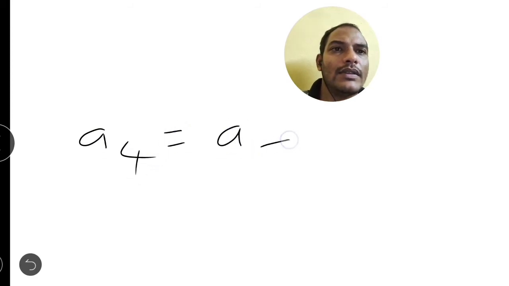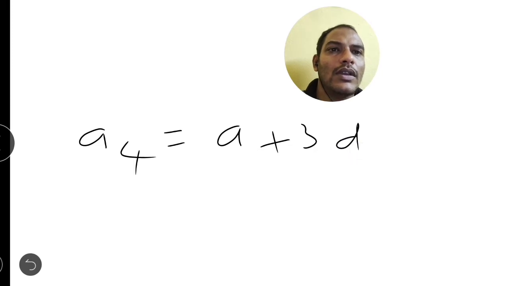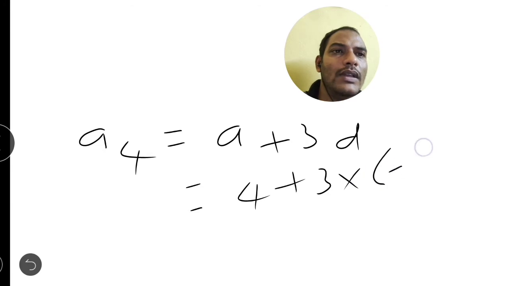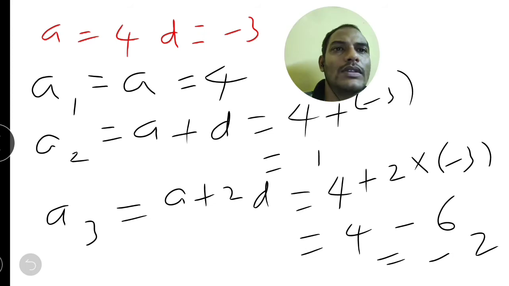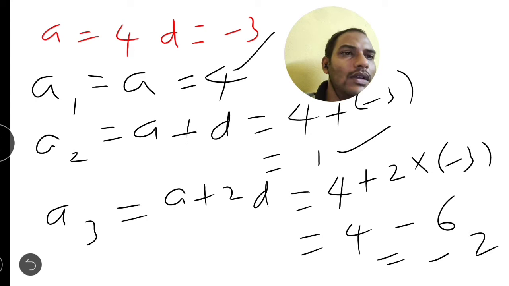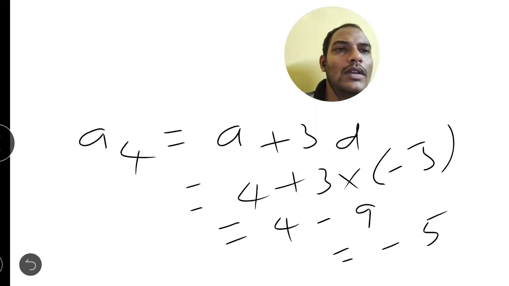So A4 is equals to A plus 3D. So A value 4 plus 3 into D value minus 3. So it is equals to 4 plus 3 into minus 3 is minus 9. 4 minus 9 is minus 5. So first term is 4, second term is 1, third term minus 2 and fourth term minus 5.